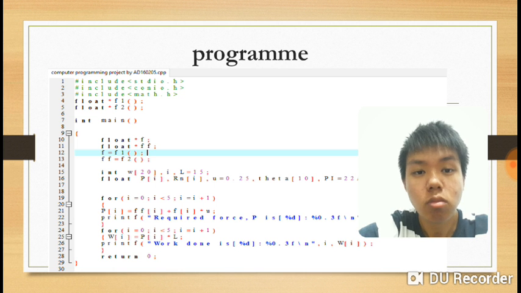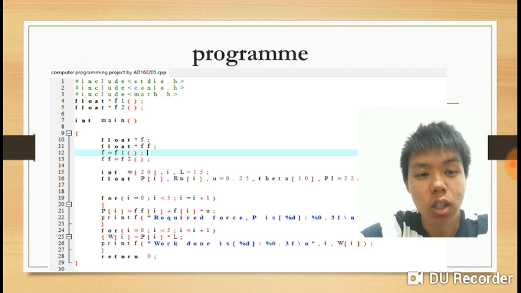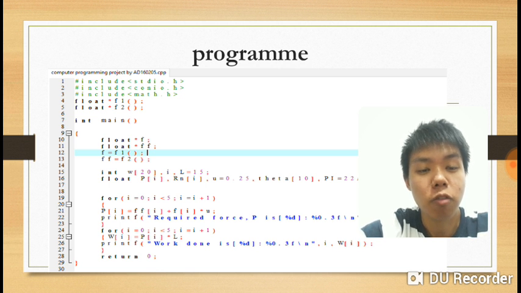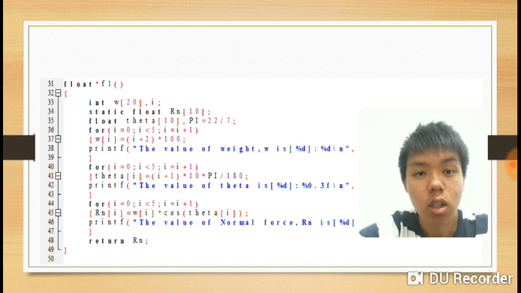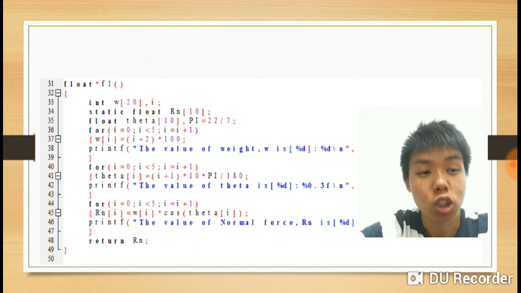For the main function, we are required to calculate the force P and the work done. So I put these two functions at the upper part of my program, and this is function 1.